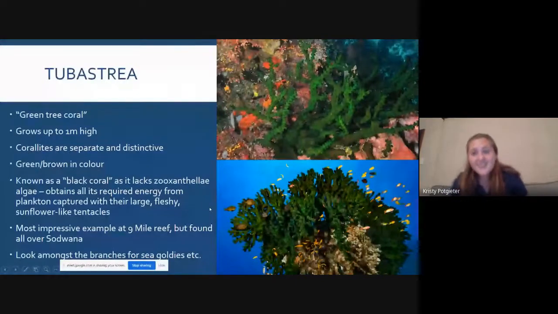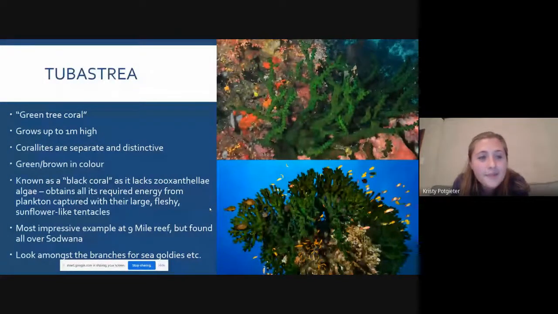Tubastria. So this is another one of our really cool species in Sodwana. This is also known as our green tree coral. Now, for those of you who have dived at Sodwana, you probably know this one quite well. Our most famous example is found at 9 Mile Reef, named after the green tree, the massive, 1 meter high green tree coral colony that is sitting there.